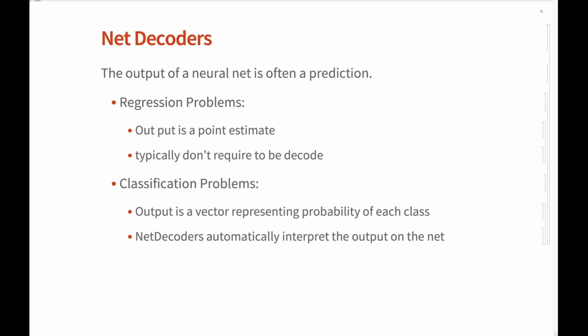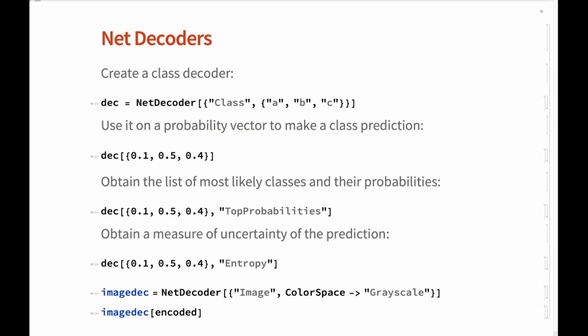However, for classification problems, the output of the net is typically a vector whose components represent the probability of each class. For example, a net that classifies images of foods as hot dog, pizza, or salad produces a vector with 3 components that sum to 1, representing the probabilities of those 3 classes.